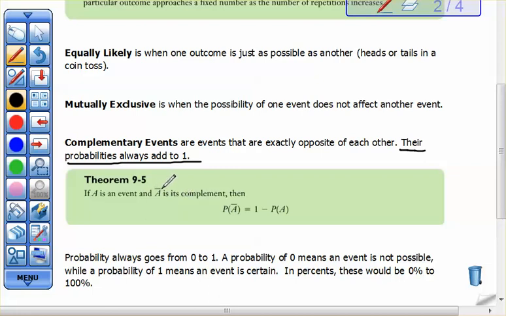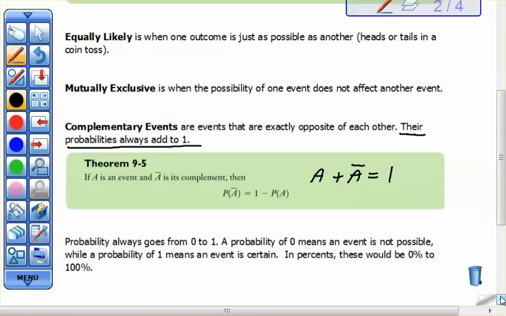So that bar over the letter always represents complement. And the probability of the complement of this event is equal to 1 minus the probability of the event happening. The event plus its complement always have to add up to 1. Their probabilities, I should say.